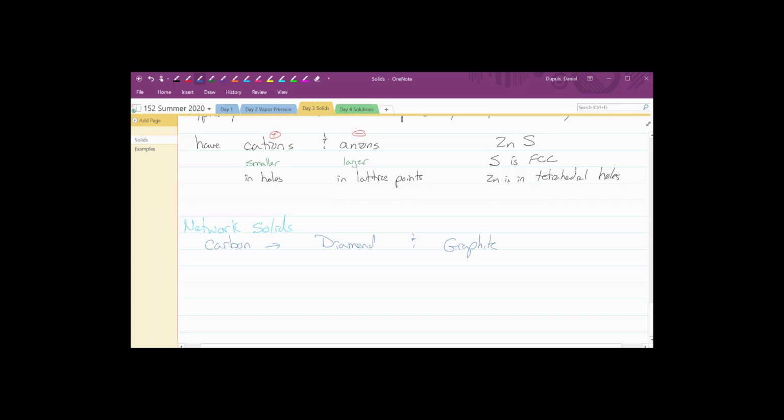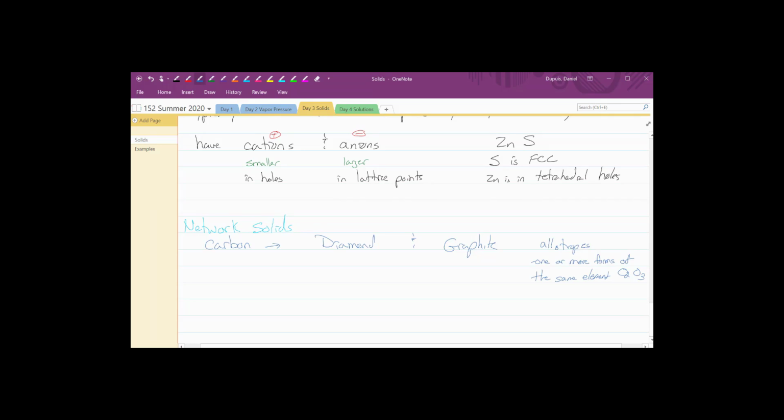All right, they're allotropes, which are one or more forms of the same element, like O2 and O3, oxygen gas and ozone.